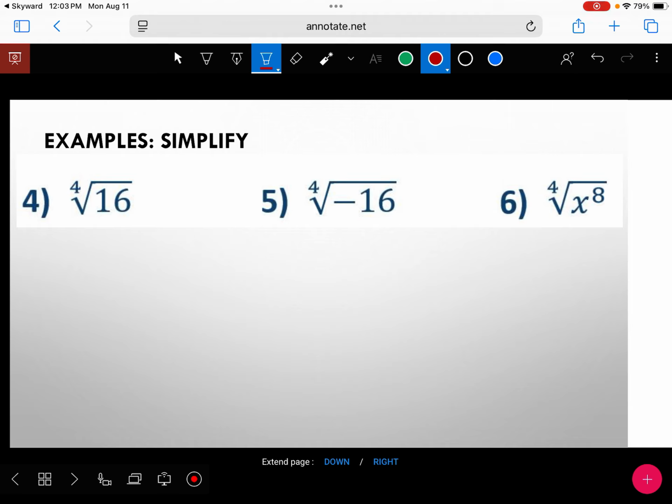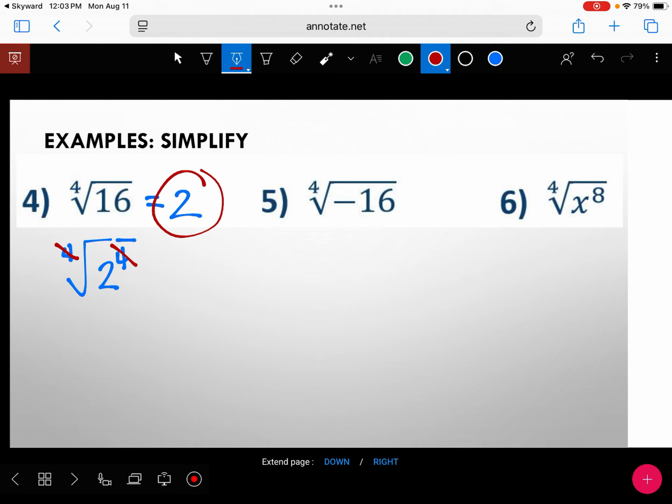So what number to the power of 4 is going to give you 16? 2. So 2 to the power of 4, because remember our index is 4, it's not 2. 2 times 2 times 2 times 2 is 16, which is why these can cancel, and my final answer is 2. All right, number 5 has a negative. So again, you start off by separating it. So I'm going to separate the -1 and the 16.